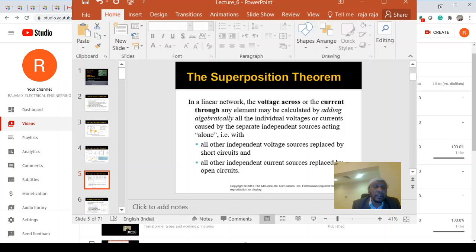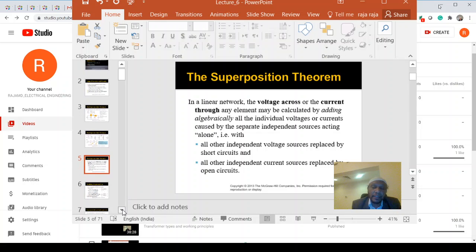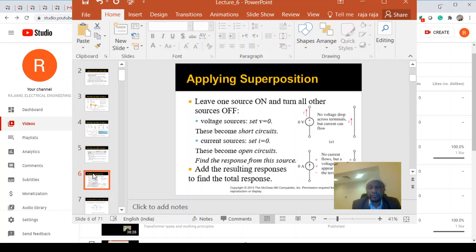The voltage source is replaced by a short circuit and the independent current source is replaced by an open circuit. Okay, so this is the theorem concept. How do I apply the superposition theorem in an electric circuit? We have to follow a two-step process. First, as I explained before, leave one source on and turn all other sources off.